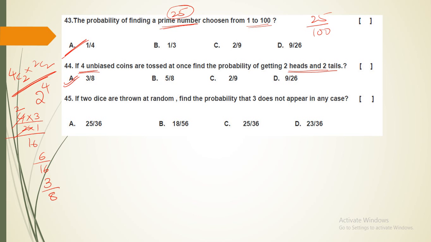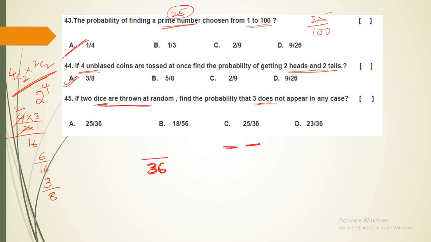If two dice are thrown at random, find the probability that 3 does not appear in any case. When two dice are thrown, total outcomes are 6 square, which is 36.